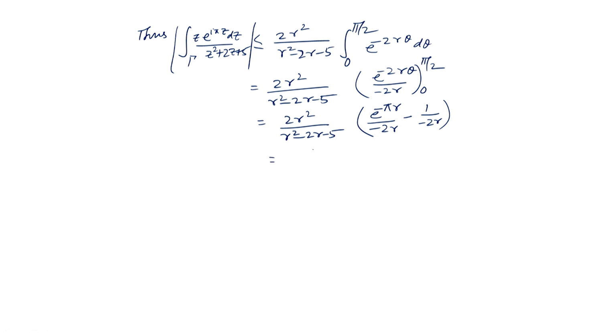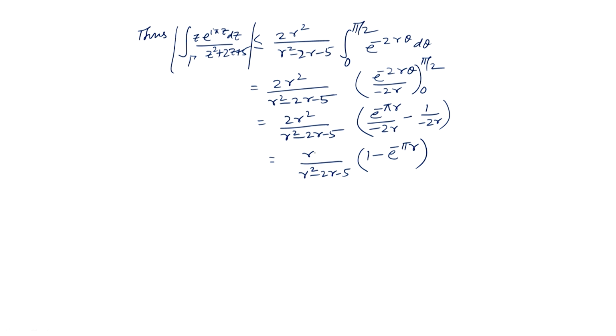Okay, so 2r we can cancel and we get r upon r square minus 2r minus 5, times 1 minus e raised to the power minus pi r. Now, you can see when r goes to infinity, e to the power minus pi r goes to 0. So the expression inside the brackets goes to 1 as r goes to infinity, and this is a rational function where the degree of the denominator is 1 unit more than the degree of the numerator.